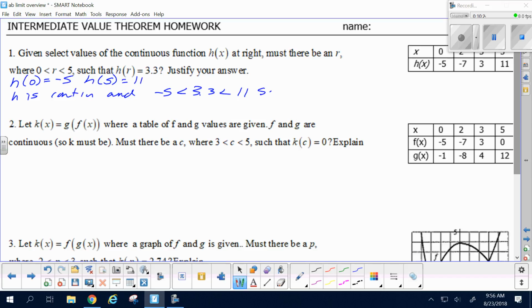So by the intermediate value theorem, there must be, now use their wording, some r, which is an x value, there must be an r in the region 0 to 5 such that h at that value has to equal 3.3. Okay? Something along those lines. Questions? Yes?